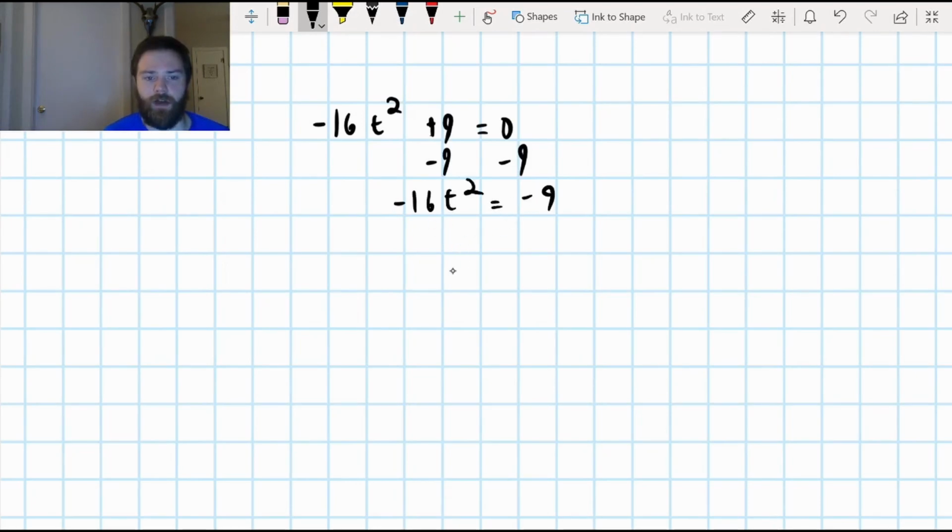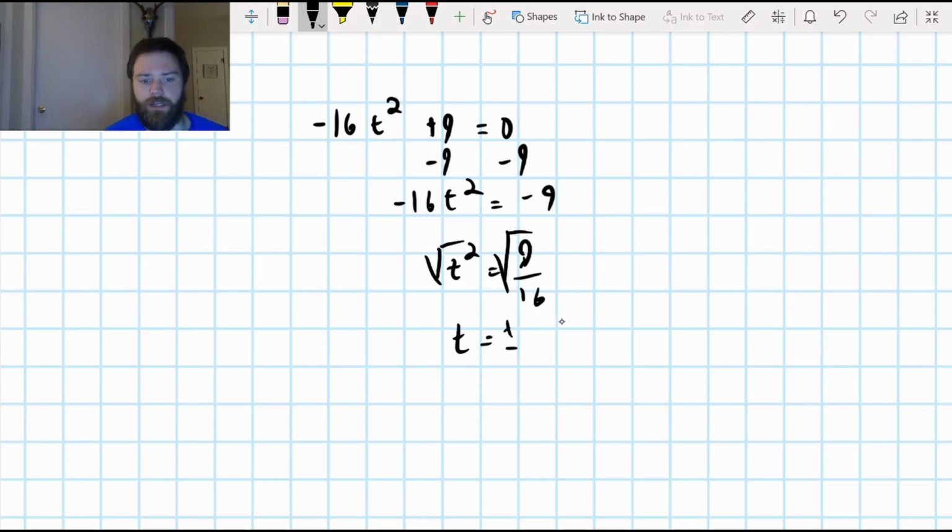And then I can divide both sides by negative 16. And this amazing thing happens when I divide by negative 16. I get 9 over 16. And right, I can take the square root of both sides. I have to remember my plus and minus on the right-hand side whenever I take a square root. So square root that side and square root that side.